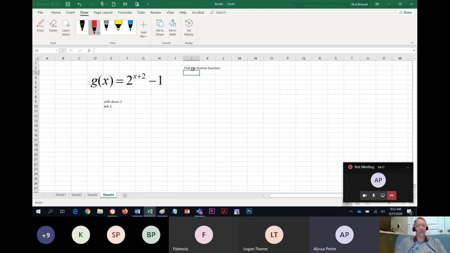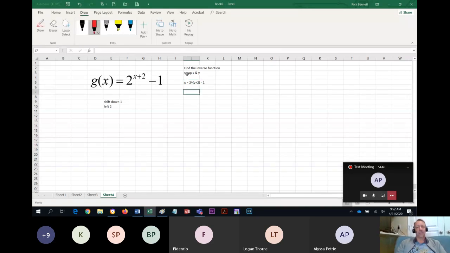Okay, so we need to swap our x and our y, right? Swap x and y. Now remember, g of x really represents y. So I'm going to say x equals 2 raised to the y plus 2 power, minus 1.